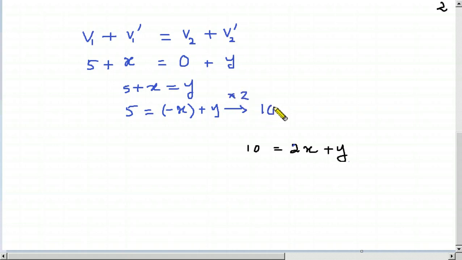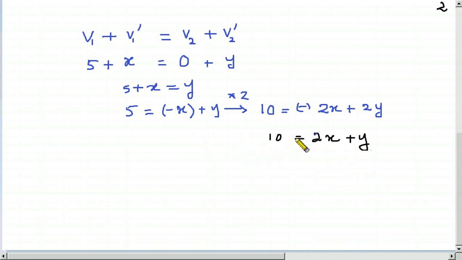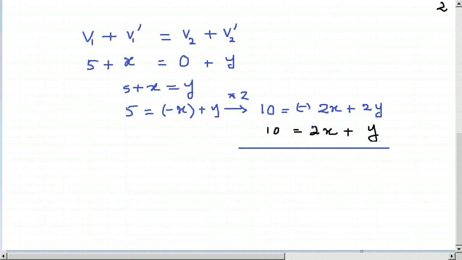Then 10 equals minus 2 times x plus 2 times y. Right, now let us simplify. Then what we do? Add these equations. What is our goal? To cancel x. So when we multiply, what happens? These add together, then come to 20, then these cancel each other, so equals 2y plus y, 3y.